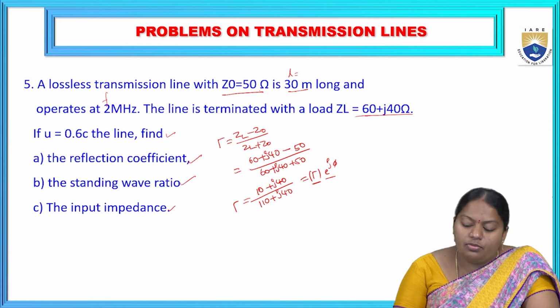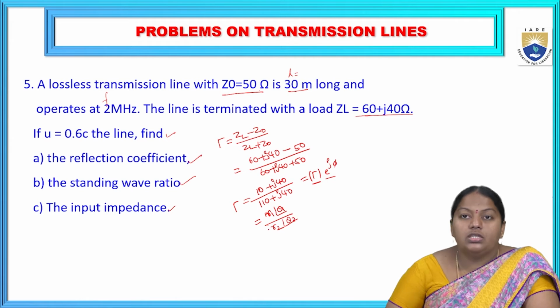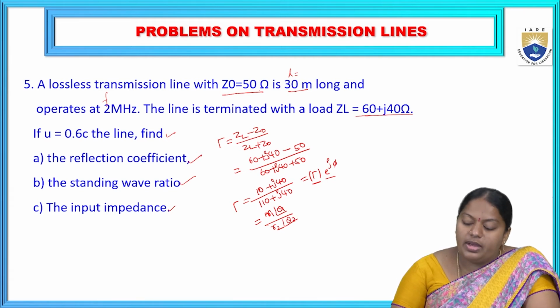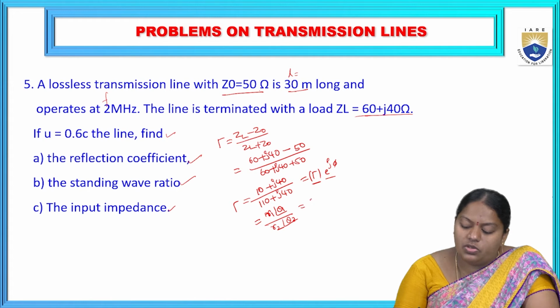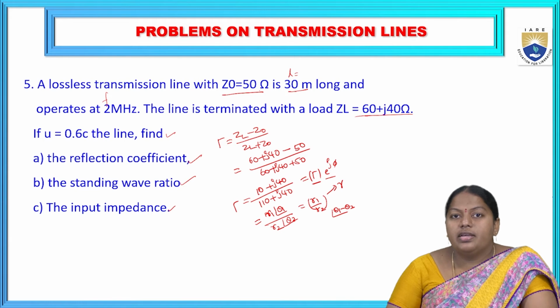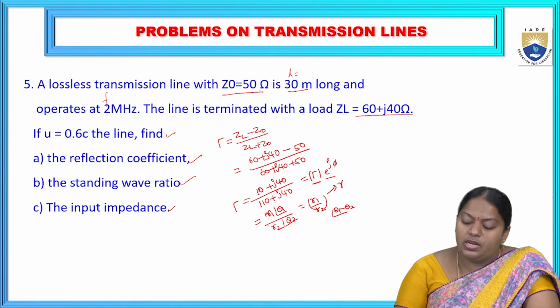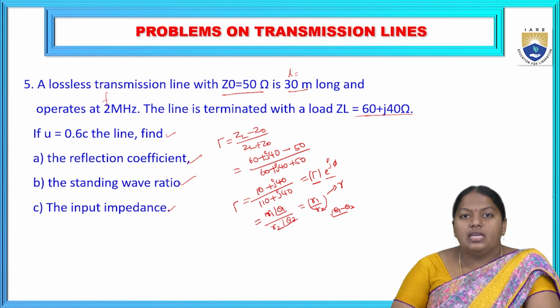To convert this rectangular form into polar form, it is given by r1 at an angle of theta 1 in the numerator, and r2 at an angle of theta 2 in the denominator. By taking the magnitudes, we divide r1 by r2 to get the value r, and at an angle of theta 1 minus theta 2, meaning when dividing, we subtract one phase angle from the other.